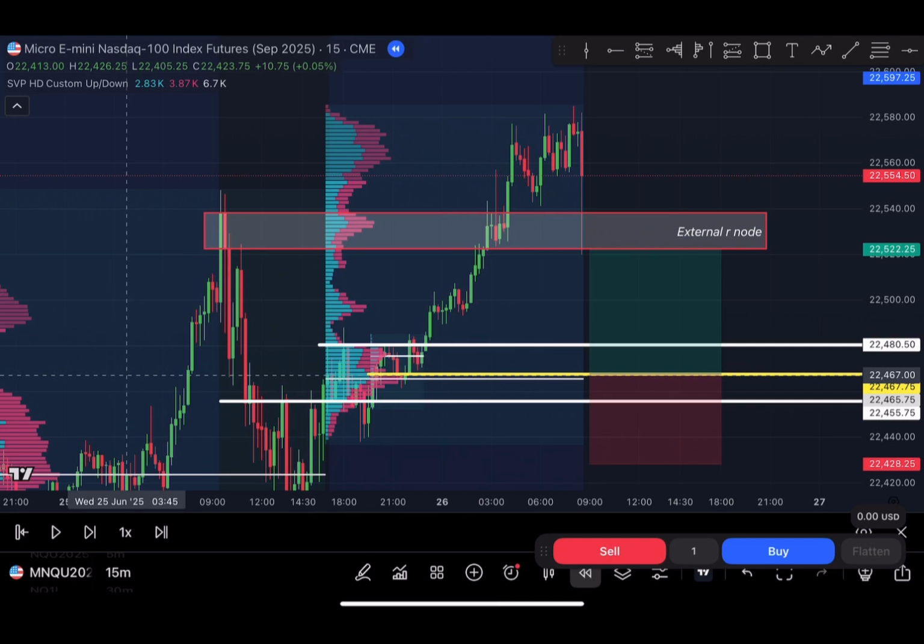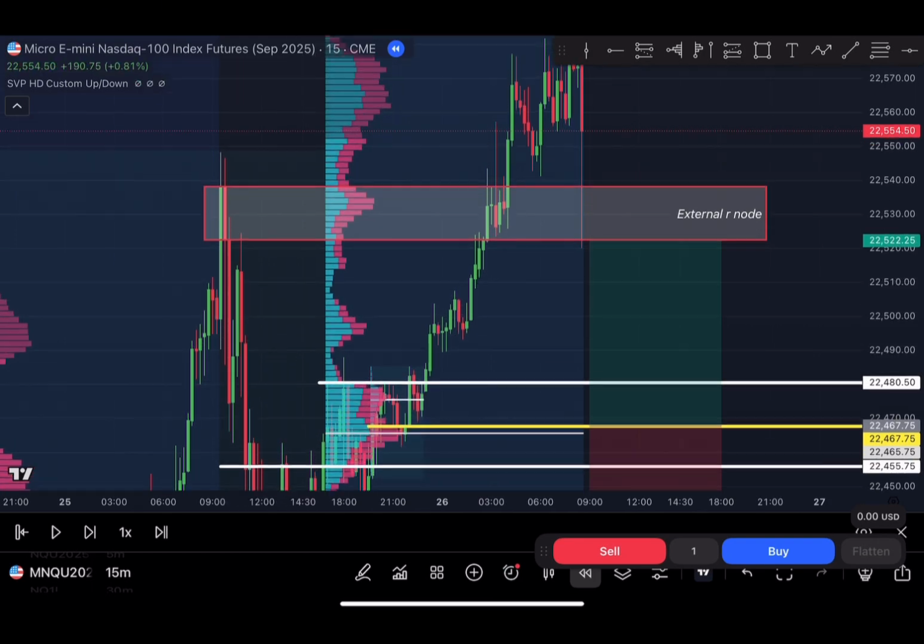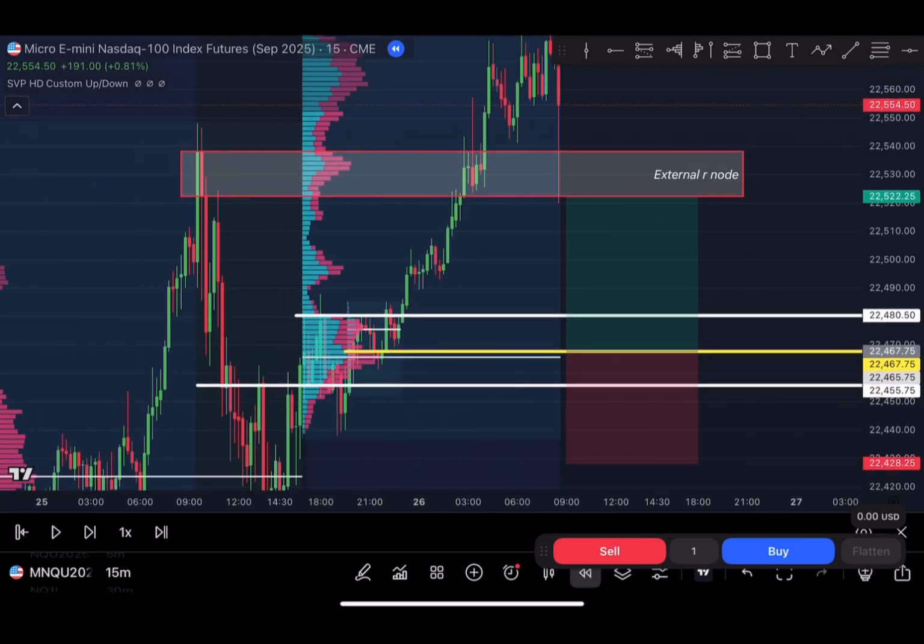The next option would be the trend creation, where we get to see price creating the trends within the profile. So that technically is more suited in this case. So what should we do? We should be looking for B-shaped node zones in a trend.